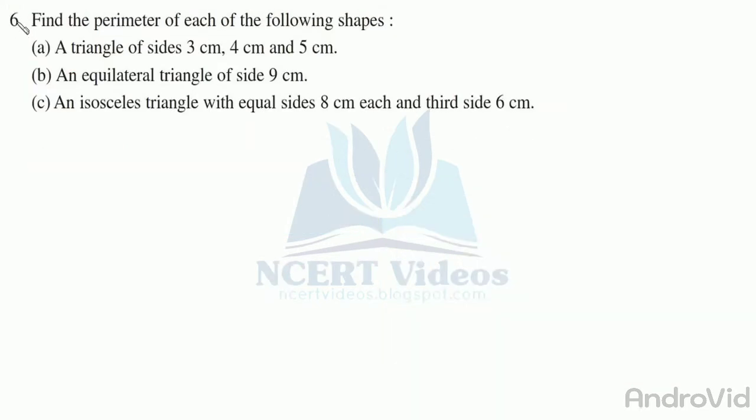Sixth, find the perimeter of each of the following shapes. A triangle of side 3 cm, 4 cm and 5 cm, an equilateral triangle of side 9 cm and an isosceles triangle with equal sides 8 cm each and third side as 6 cm.